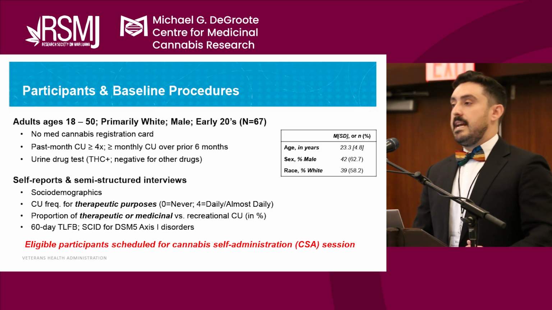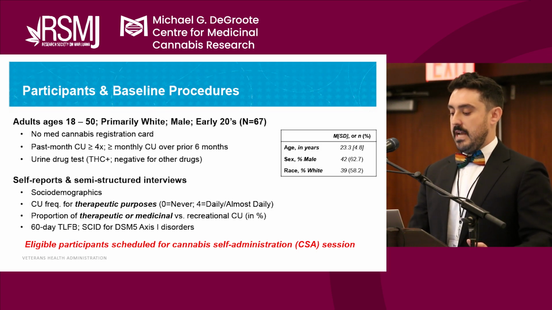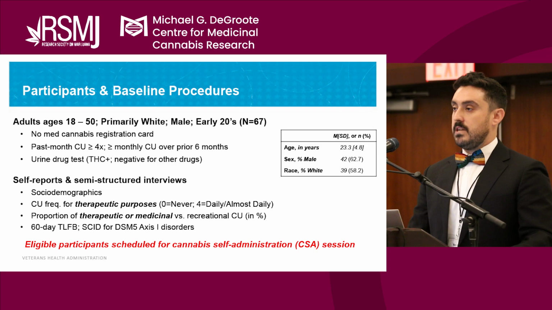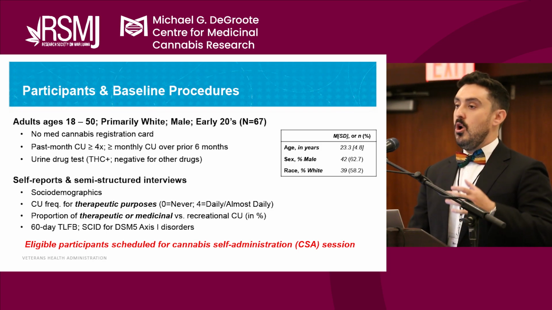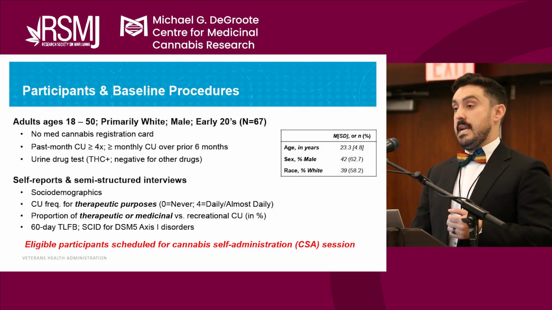So once participants attended this in-person baseline appointment, everyone completed self-reports on various socio-demographic factors and cannabis use. And I specifically want to point out that participants answered 2 single items assessing the frequency of cannabis use for therapeutic purposes, as well as the proportion of cannabis that participants classified as being recreational versus medicinal or therapeutic in nature.